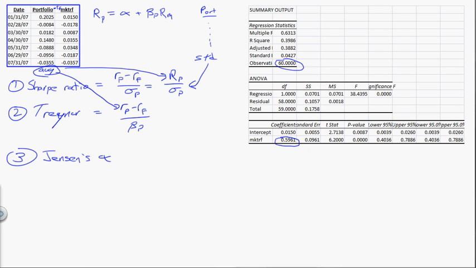Jensen's alpha is the same as the alpha from this equation. What should alpha be equal to? Well, if the CAPM is true, then the return of the portfolio equals the beta of the portfolio times the excess return on the market. There is no alpha in that, so this alpha should be equal to 0.